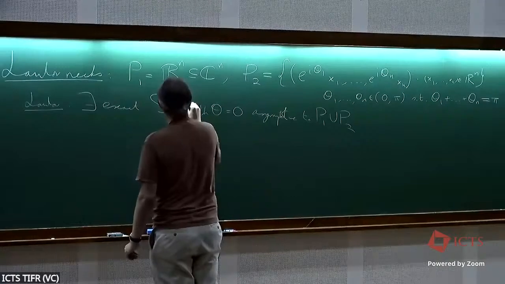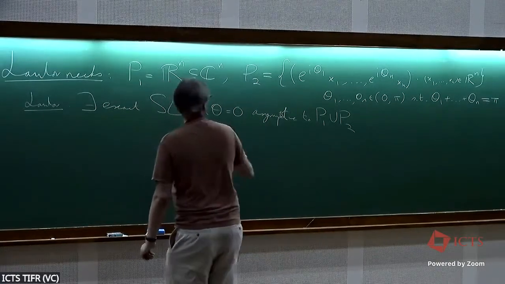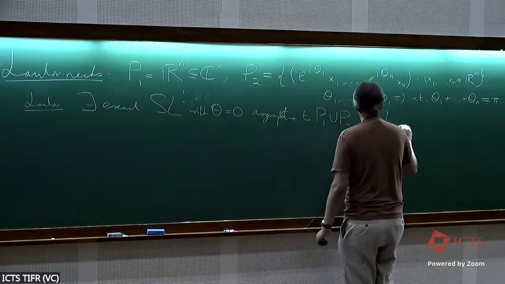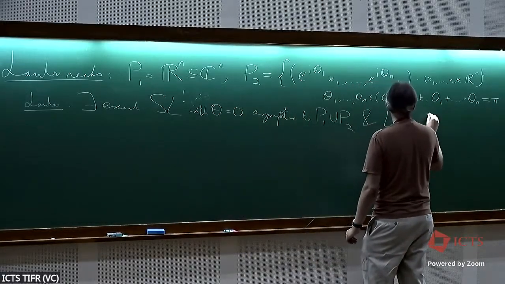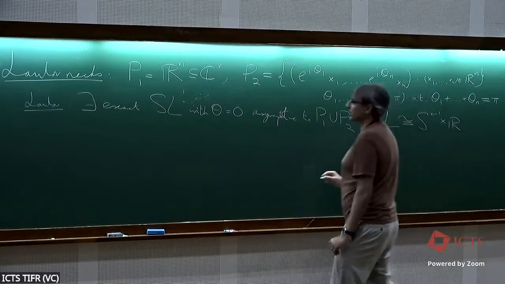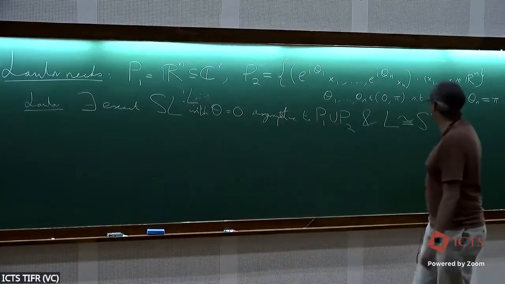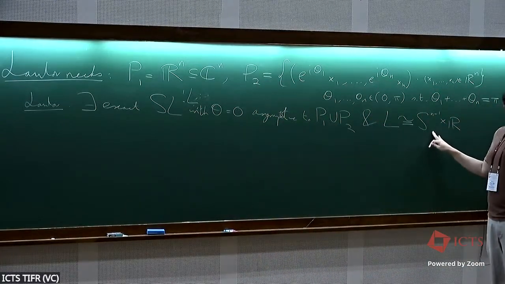And this special Lagrangian, L, is topologically S^(n-1) times R. So it's exactly the same topology as we had before, but just extended to higher dimensions.